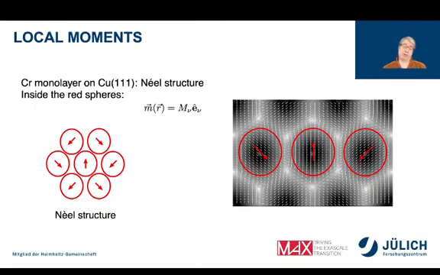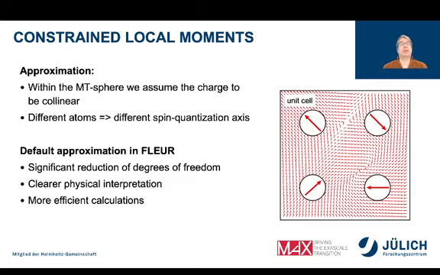So most of the non-collinear structure is because of the different alignments of these different atoms and in the interstitial. And this, of course, leads to an approximation which we very often use, in which we constrain the local moments to be collinear within the sphere. And we only have then these different quantization axes of different atoms, which gives a non-collinearity of the system. And, of course, the interstitial region in which we treat the full magnetization density.